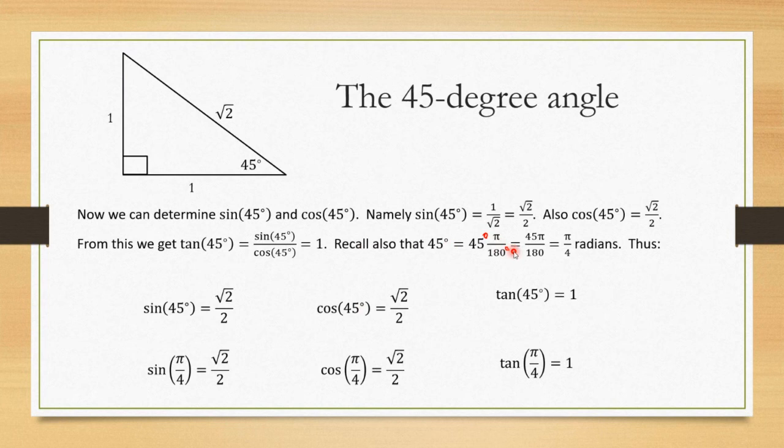So when we multiply, these degrees cancel, the unit does, and we're left with 45 times pi over 180. But we can actually reduce that because 180 turns out to be 45 times 4, so the 45's cancel. Does that help? Yeah, that does.